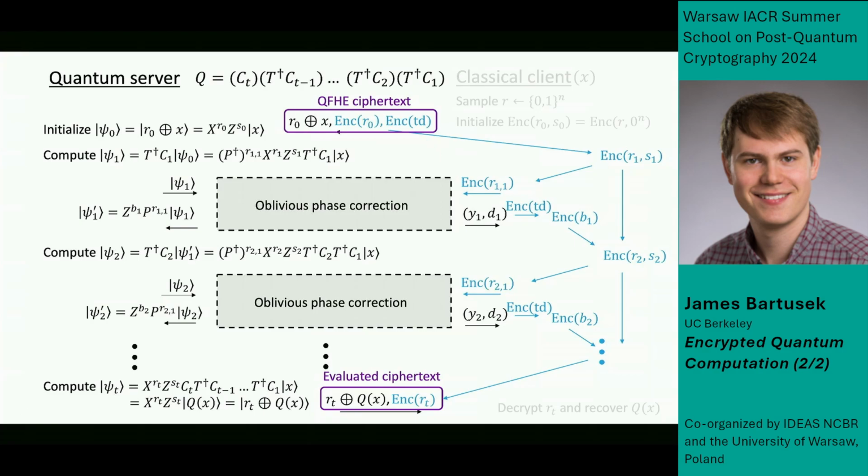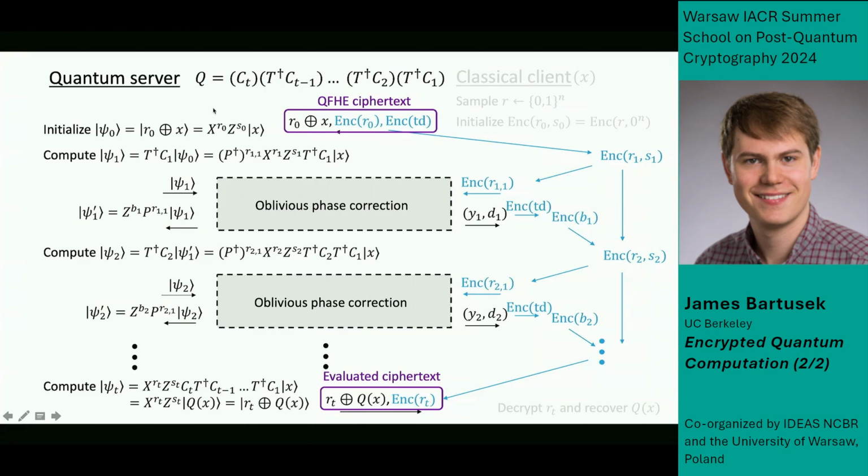Just looking at this a little bit differently, this first message from the client, we could consider to be actually a QFHE ciphertext. It contains a one-time padded input, a classical FHE encryption of the one-time pad keys, along with a classical FHE encryption of its own trapdoor. Okay.